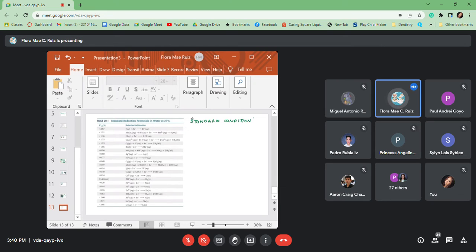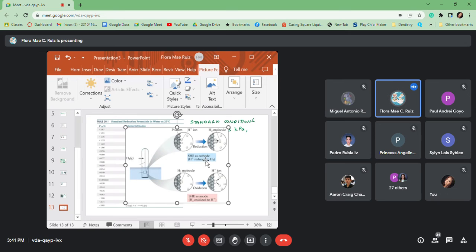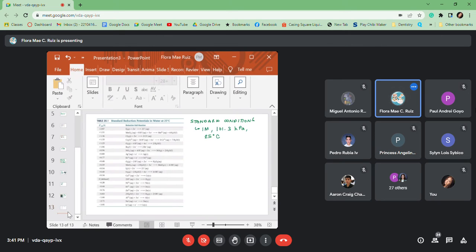So what are the standard conditions? That is 1 mole, pressure should be around 101.3 kilopascal and measured at around room temperature, which is 25 degrees Celsius. So, ang reference sa kani nga standard nga pagkuha sa reaction or reduction potentials is your hydrogen electrode. Okay, let's move to the other slide.